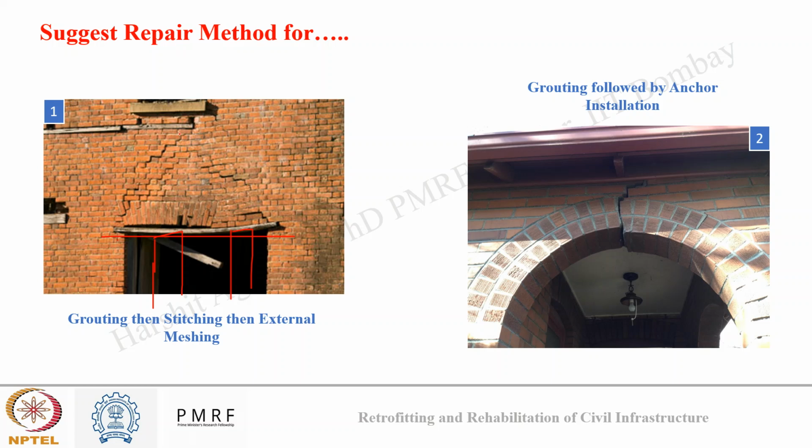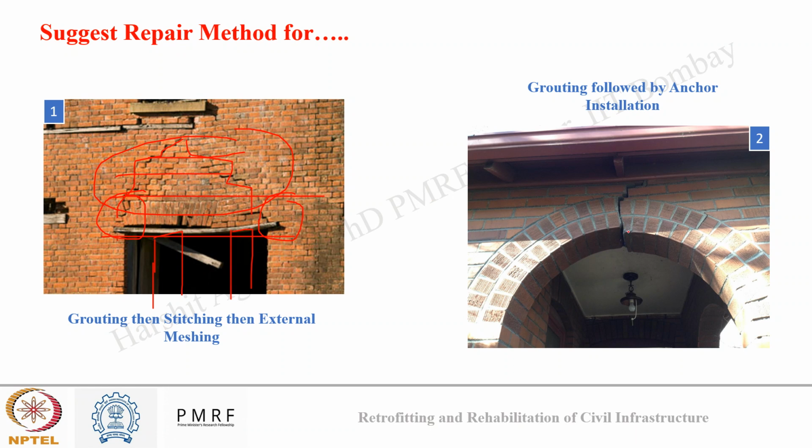And secondly, you can fill these cracks so that there is no further damage to the masonry units. You can grout these cracks, or even stitch these cracks so that they are stabilized, or you can even carry out external meshing near the edges to increase the strength of the joint. So there can be different types of repair that you can choose here based on the demand.